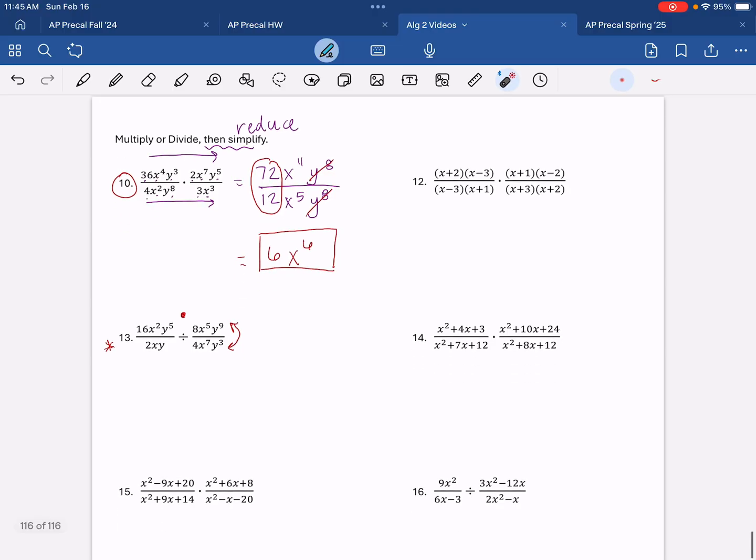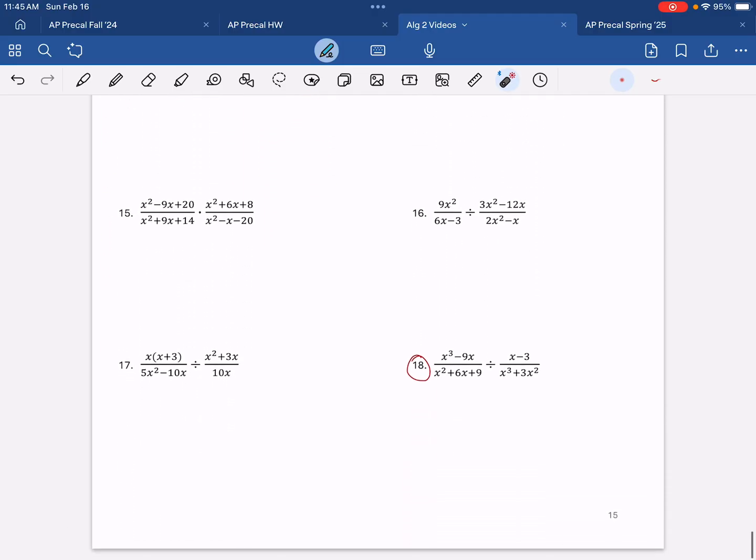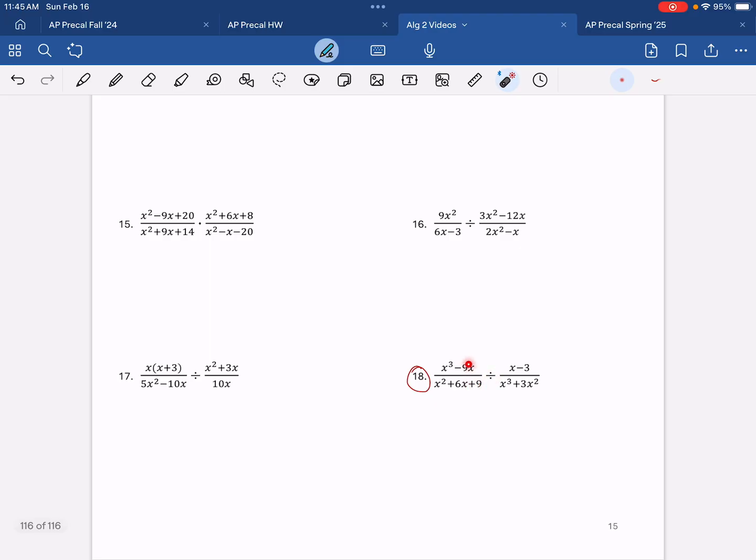So I'm going to let you do that, but look at number 18 with me. It's a division, so we get to practice keep, change, flip. But we also get to factor, your favorite. Okay, what type of factoring should we always look for first that we always struggle with the most?